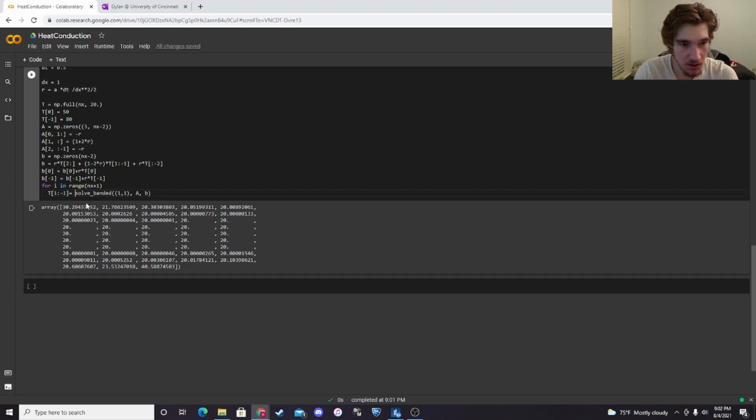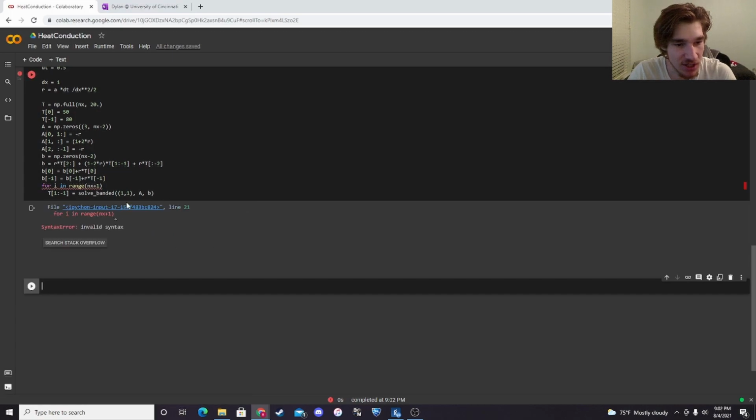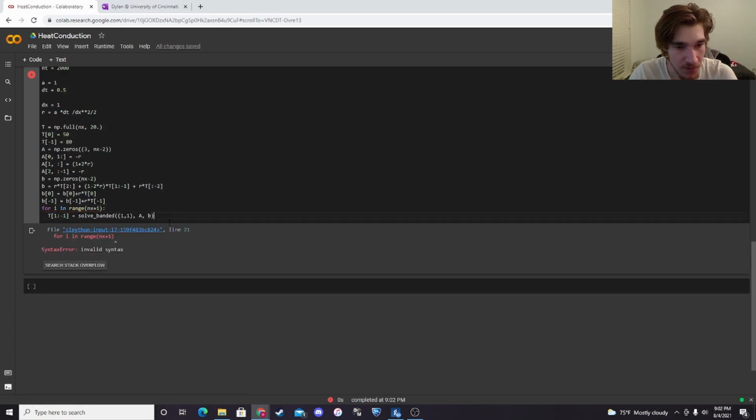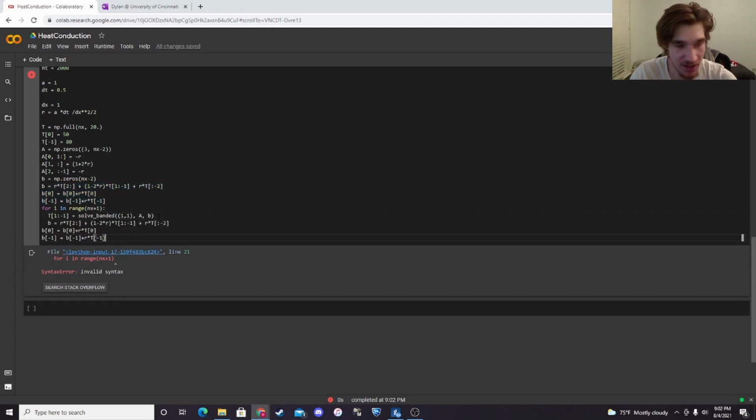But we also need our B values to update while we do this, since these are going to change. So we can copy and paste this down here, and make sure our B values update every single time.